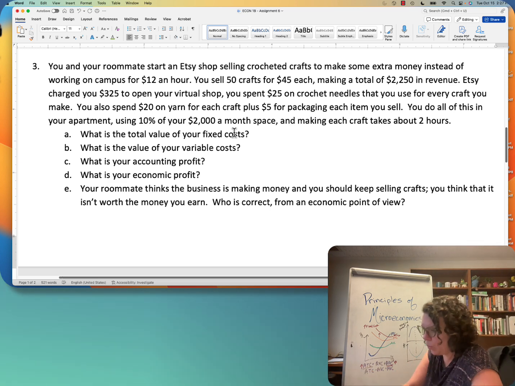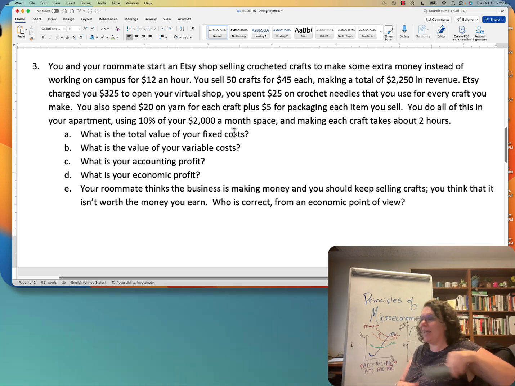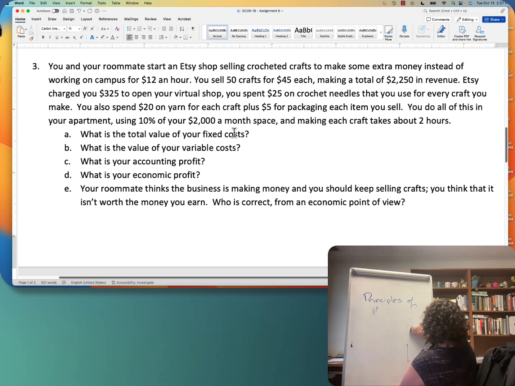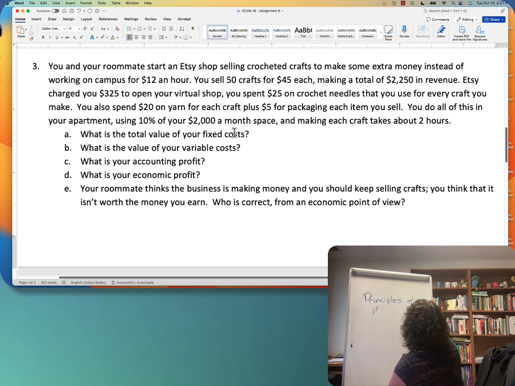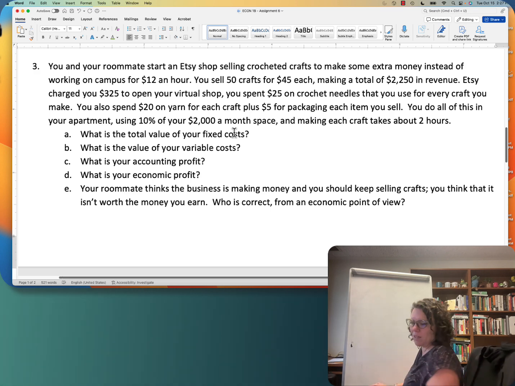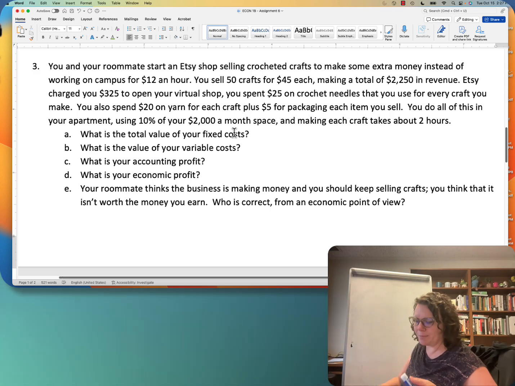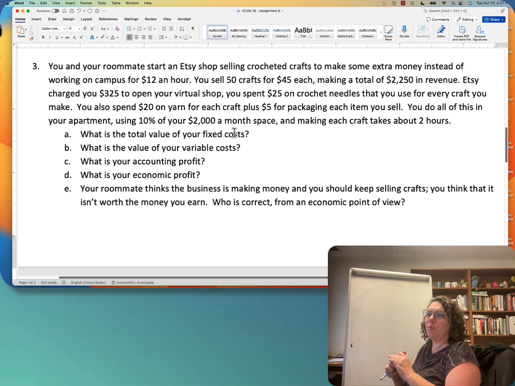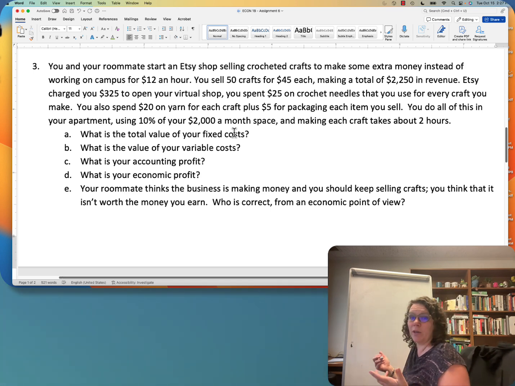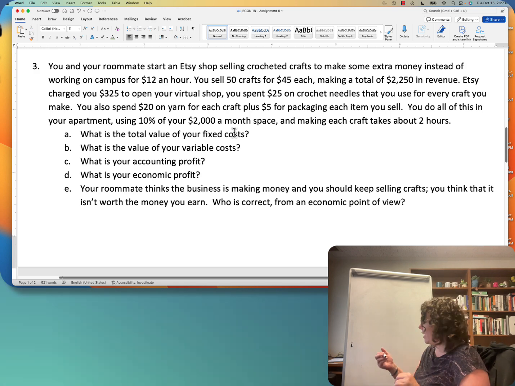So let's go through and we'll do what I like to do with any word problem, which is diagram it out so that it makes at least some more clear sense. So you and your roommate start an Etsy shop crocheting crafts to make some extra money instead of working on campus for $12 an hour.